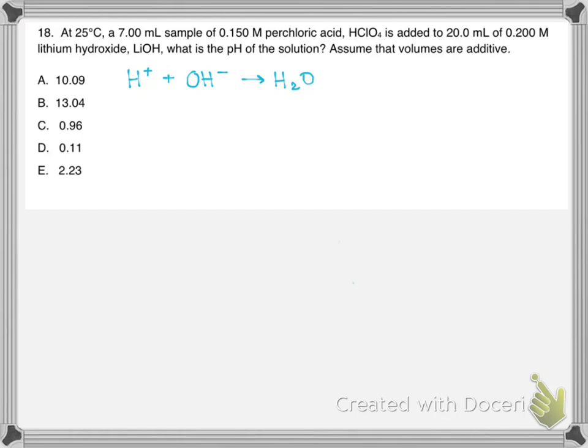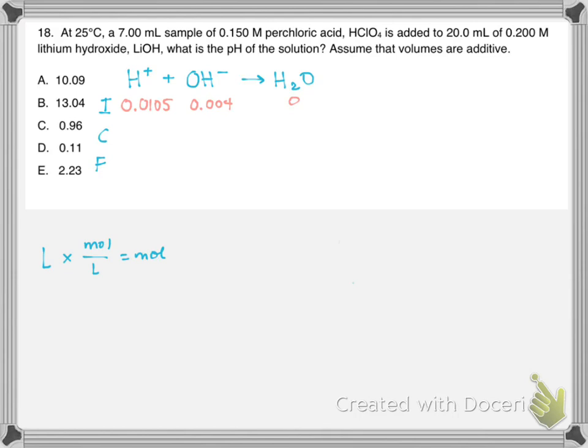And so since we have a reaction, we're going to go ahead and use our ICF table. For ICF table, we need moles. So we can do liters times our molarity, which is moles per liter, to get out moles. And so I'll do that to get the moles of H plus and OH minus. And I've written those into the table.